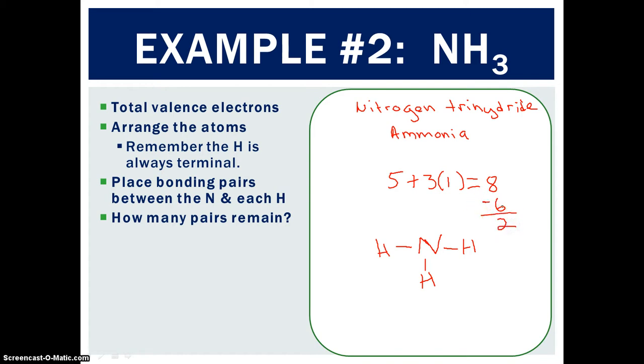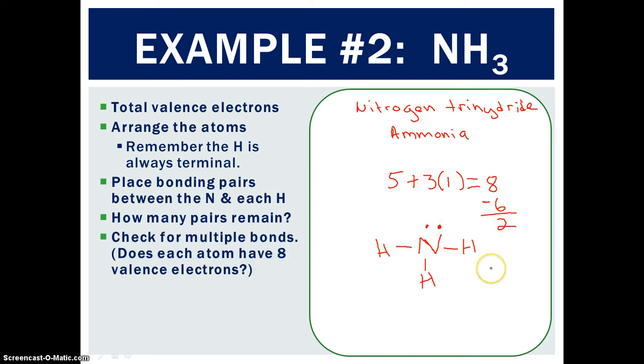I need to distribute those around so that everybody who needs 8 gets 8. Hydrogens only need 2, so I don't put any more around hydrogen. 2 more around this nitrogen. I'm done with my electrons. Now check to make sure everybody who needs 8 has 8. Hydrogens each need 2, so I'm done with that. Nitrogen has 2, 4, 6, 8, so I'm done with that. This is my Lewis dot structure for ammonia.